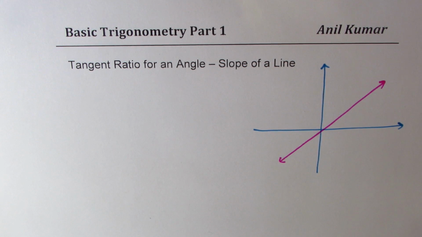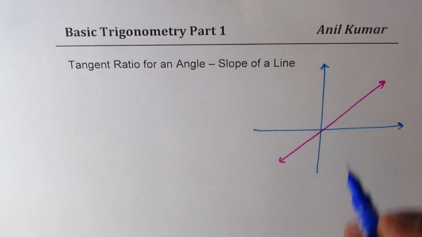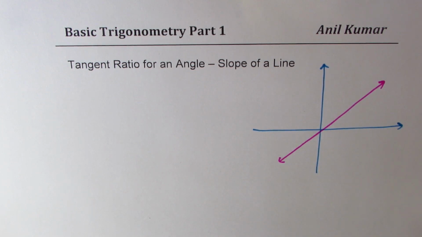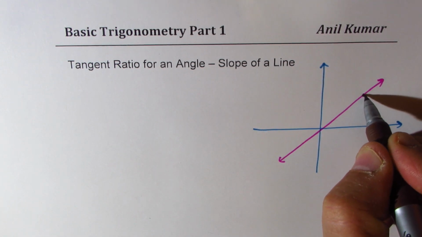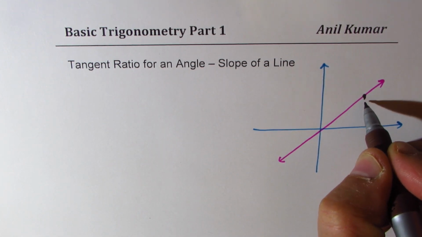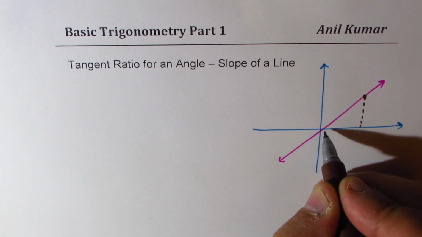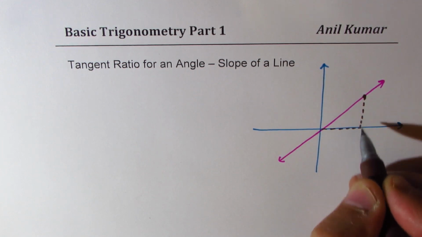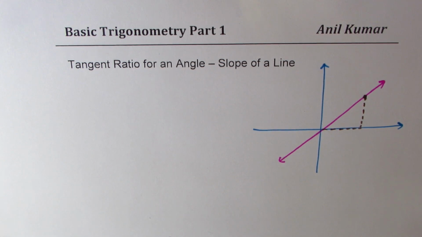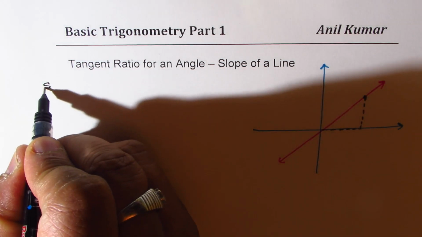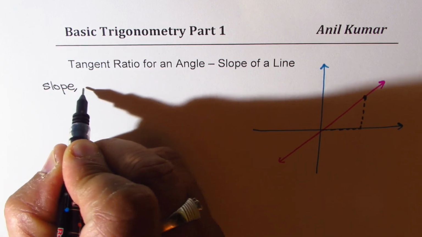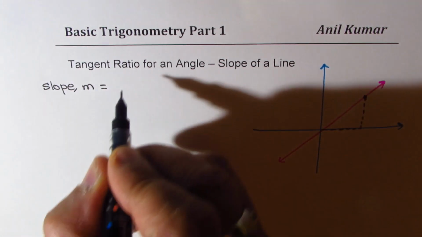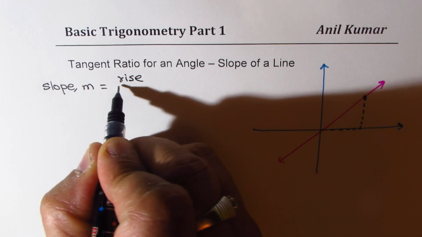In that case, we can always find the slope of the line by calculating rise over run, right? So for this line, if we consider a point on the line, then the value of rise over run gives us the slope, right? So for any line, what we have here is that the slope, which we consider as m, equals rise over run.